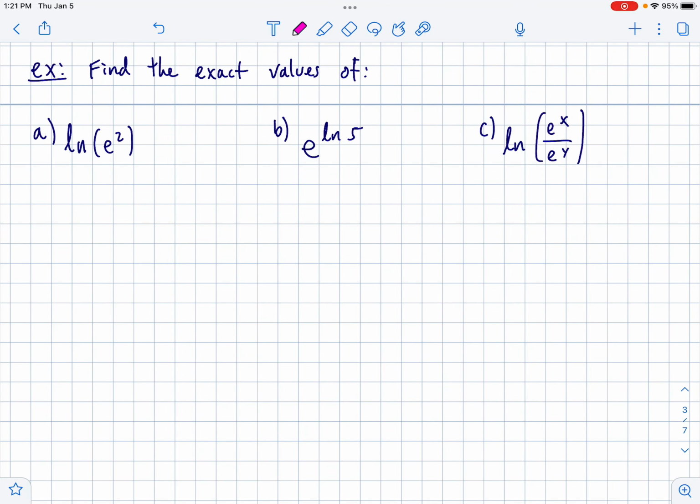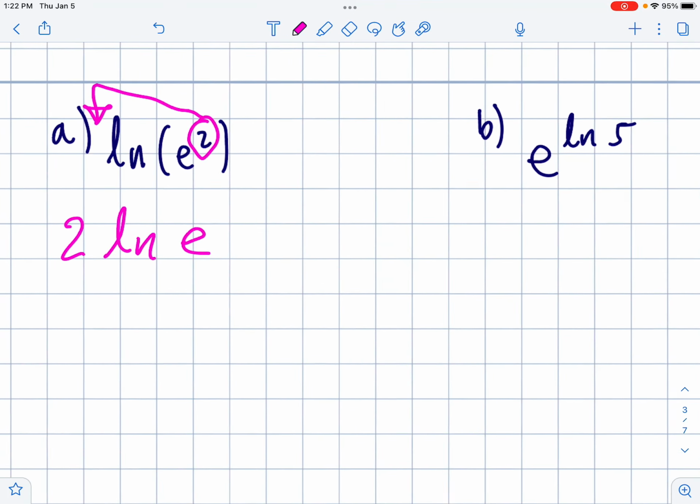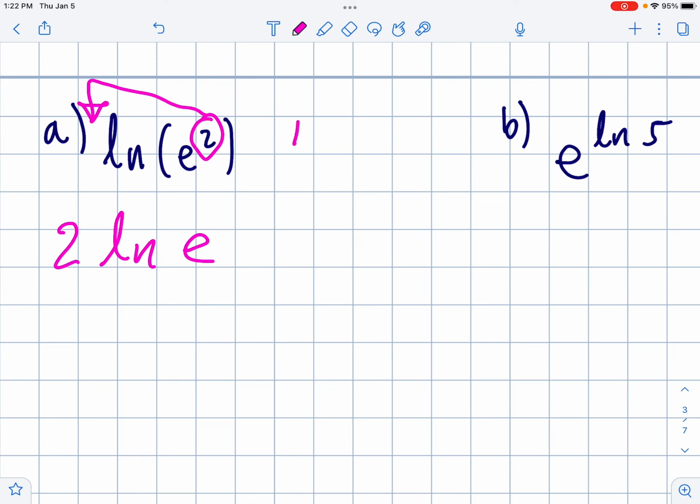So for this first problem, we're going to find the exact values. The first thing I'm going to do is take this 2 and move it out front. So this becomes 2 natural log of e. Now, if you think about the natural log of e, if you do like a little spiral off to the side, that's basically like log base e of e is equal to what?